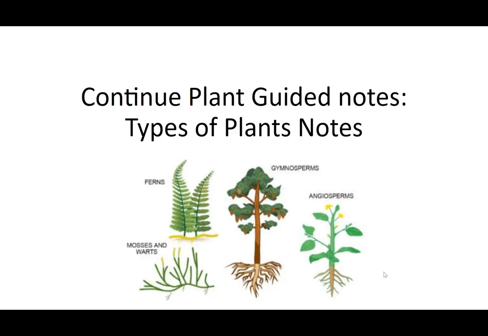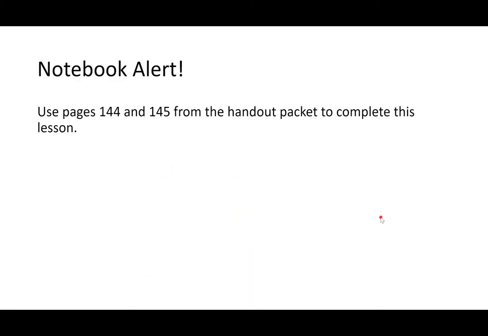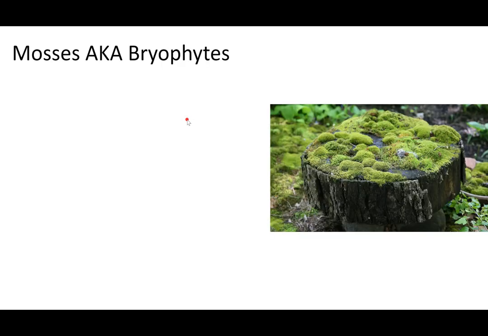So let's continue the plant guided notes and take a look at the types of plants. So this is where we're going to pick up with packet pages 144 and 145. So starting in the top left, we're talking about mosses. Remember, we said they are also known as bryophytes.